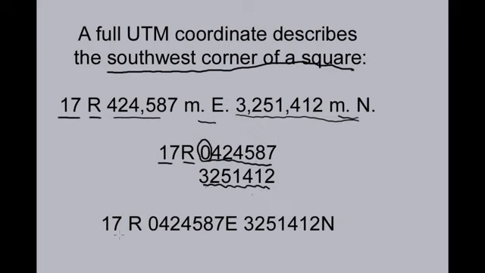Down here is another way it's written. You've got the zone, the quadrant, the easting, and here all they've done is just add the letter E for easting and the northing, and here they've added the N to show it's a northing.